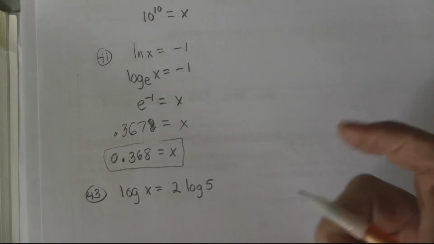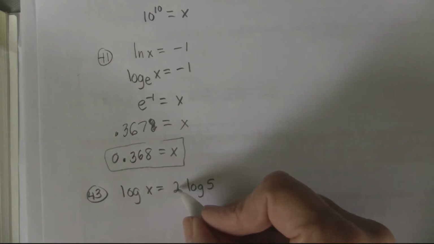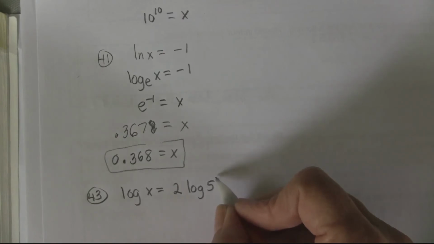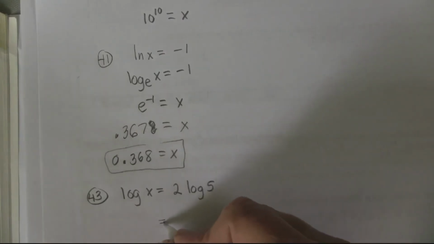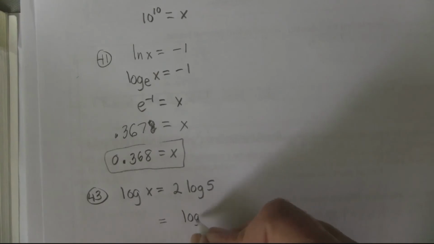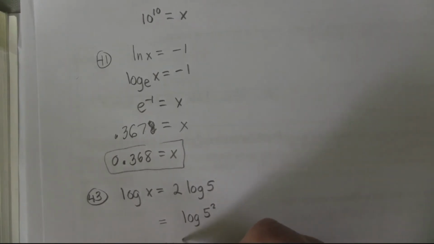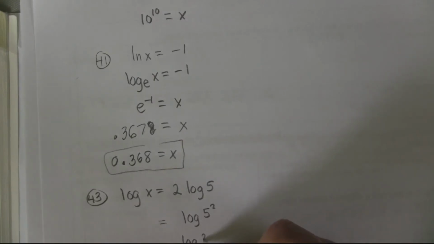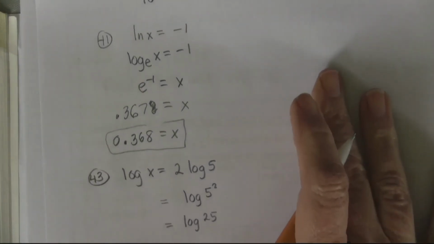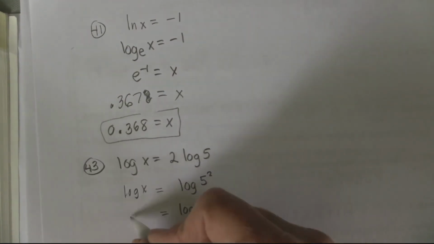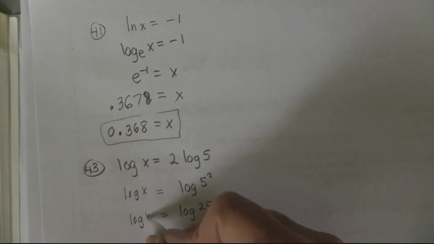One way is to use the property that says if you have a product, you can move that product to the exponent on your logarithm. So this is log base 10 of 5 to the second, and that 5 to the second is 25. And what we had over here was log base 10 of x. Now look at what we have.